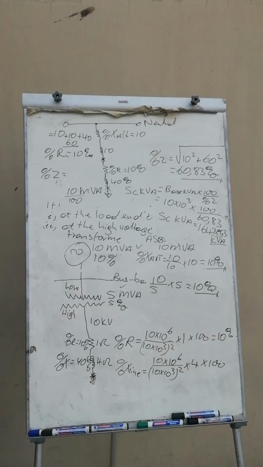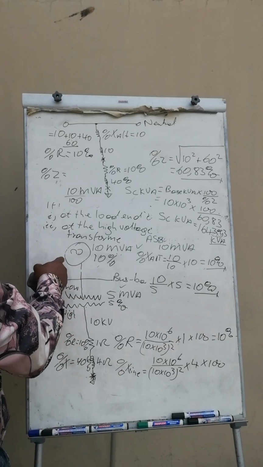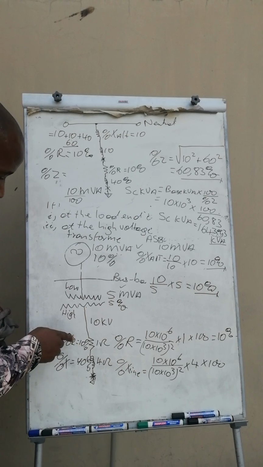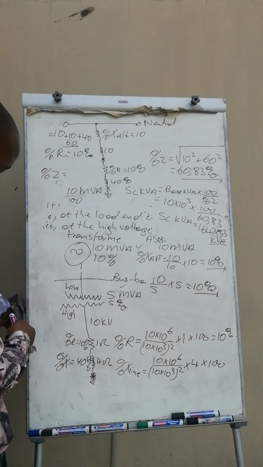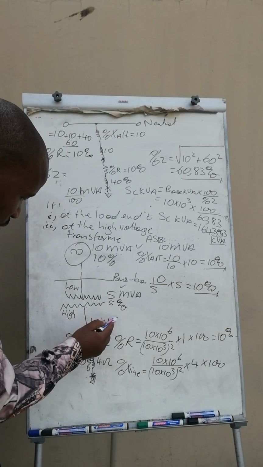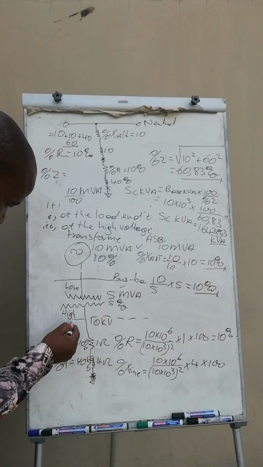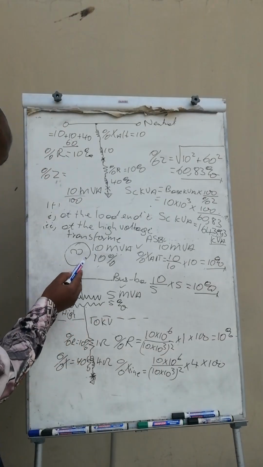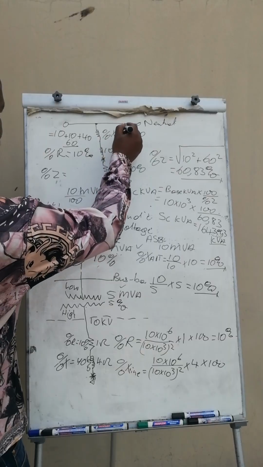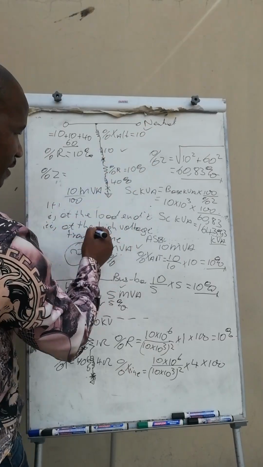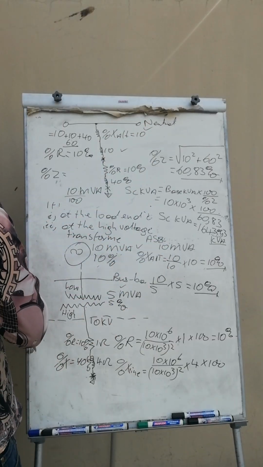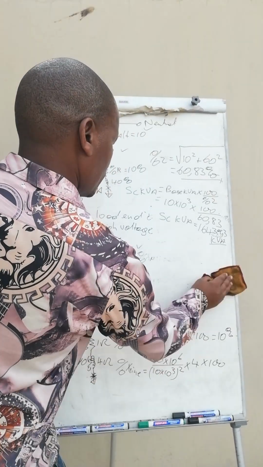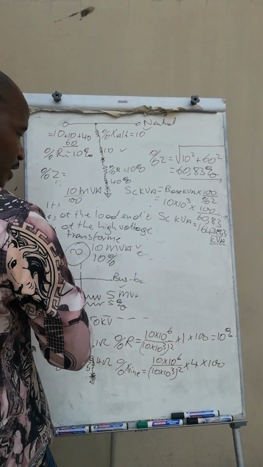But now they also say at the high voltage side, meaning the impedance is going to impose the fault up to that point. It is only 10 plus 10, so we're going to divide by 20.